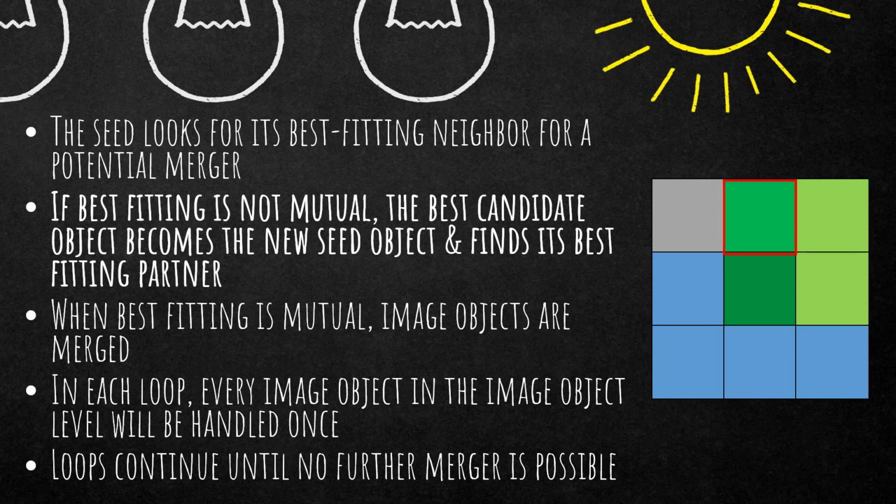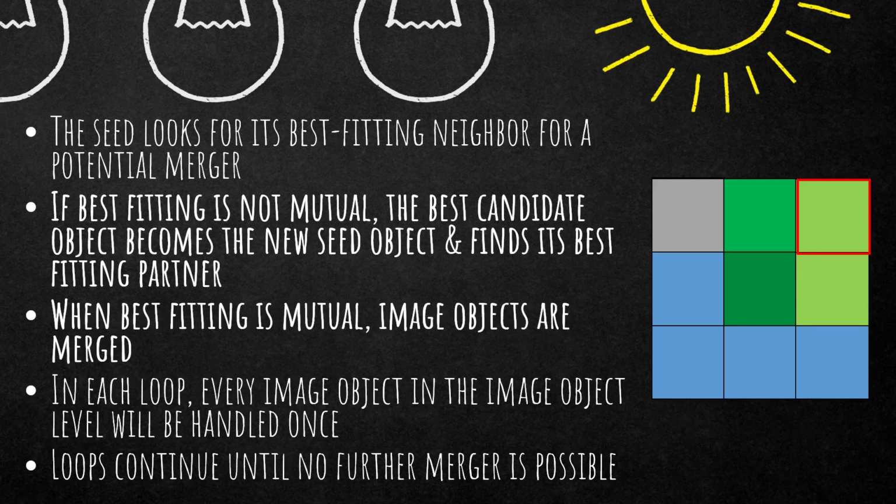If best fitting is not mutual, the best candidate object becomes the new seed object and finds its best fitting partner. So in this case, it's not mutual. So for the new seed, the best fitting neighbor is the one in the top right corner. And now it checks again if it's mutual or not.